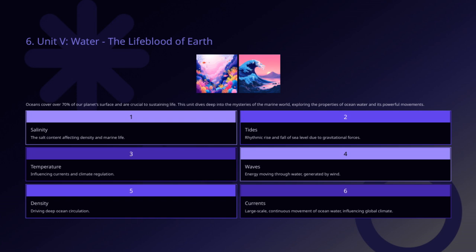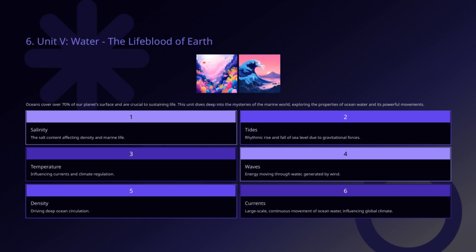Moving deeper, the circulation of the ocean's interior is driven by density differences. Density is affected by factors like temperature and salinity, which are essential for regulating currents and, ultimately, the climate. Temperature influences how warm or cold the water is, affecting marine life distribution and the behavior of currents.